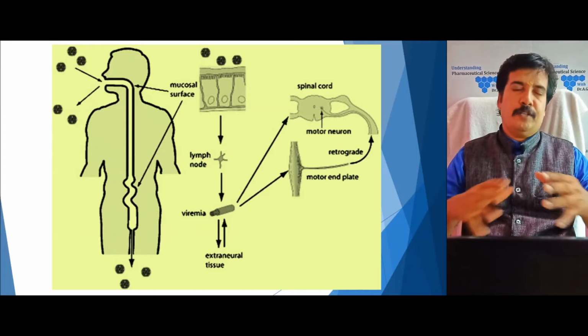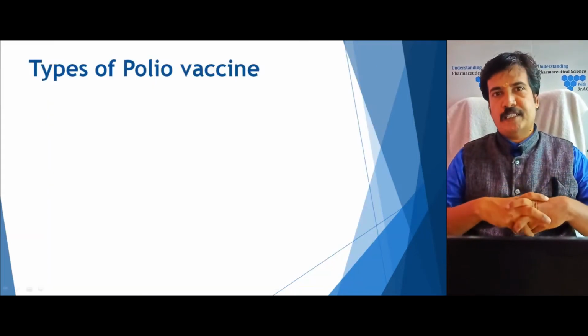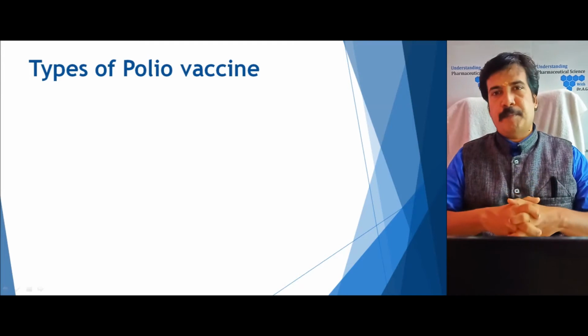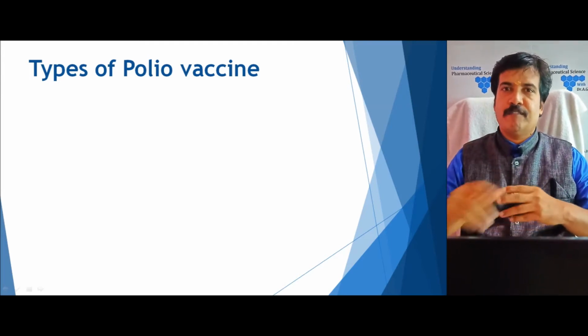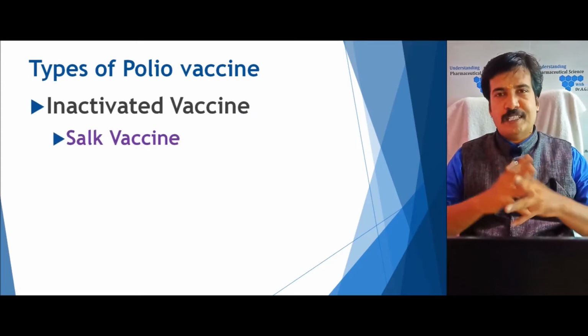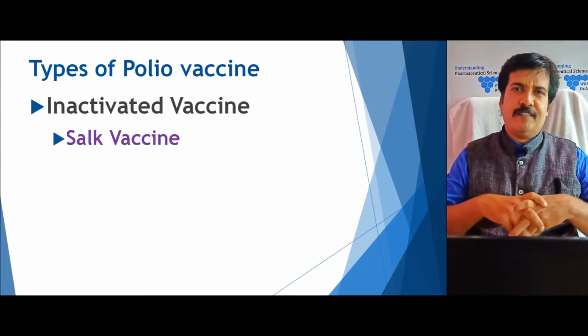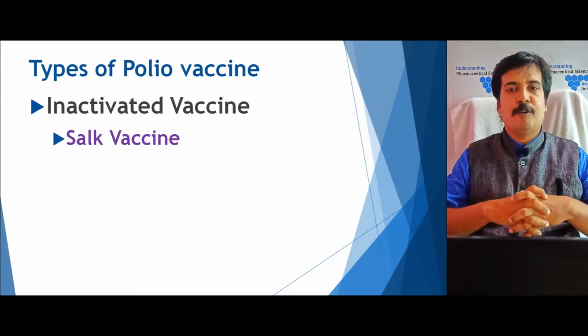To protect people against polio, two different types of polio vaccine were developed. The first is the inactivated polio vaccine, otherwise called the killed polio vaccine.